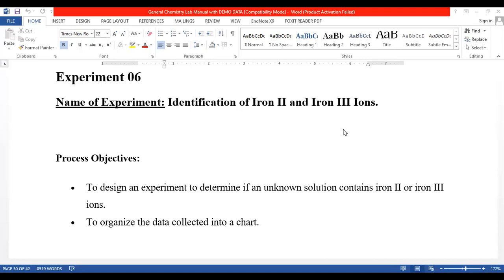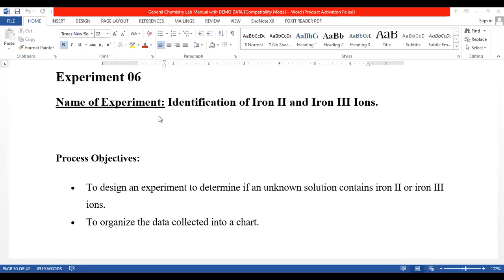So here we are going to identify the ion of iron present in the sample. As we have already learned, iron has two ions, one is the ferrous ion and another one is the ferric ion. So I'd like to identify the existence of ferrous and ferric ions present in the samples.